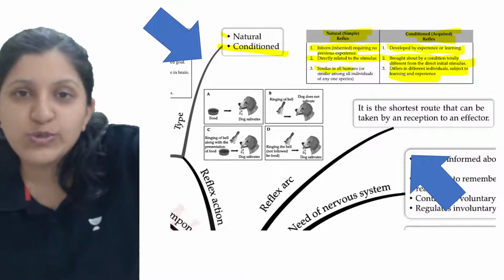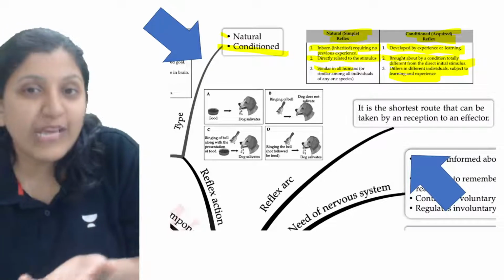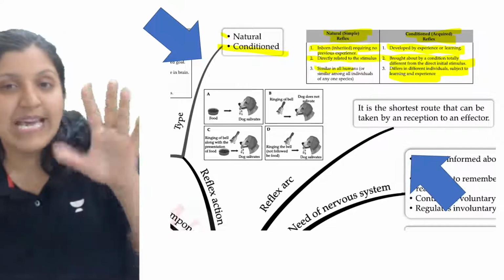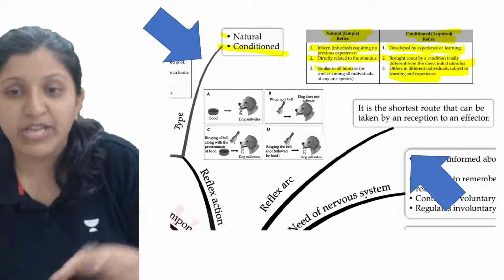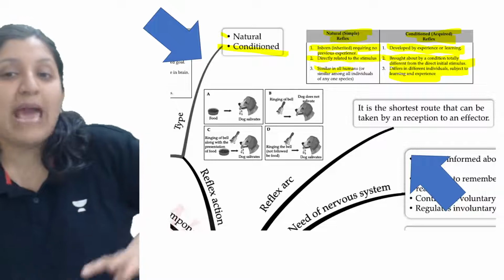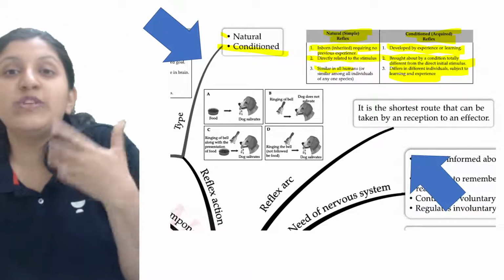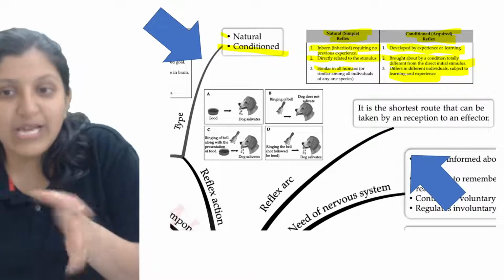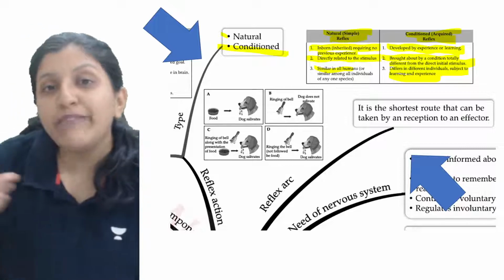Every time it saw food, it naturally salivated. Next time, just the bell rang, there was no food, so the dog did not salivate. But the very next time, the bell rang and the food was provided at the same time.